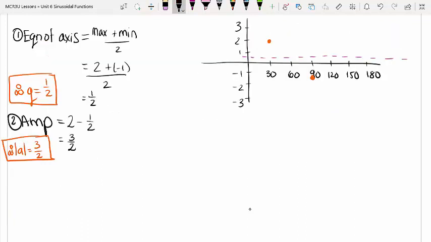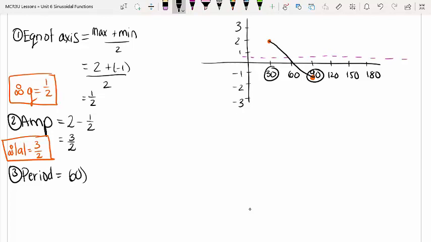Okay, let's look at the period. So we know that half the period occurs between the maximum and the minimum value. So let's figure out what the difference is in the x values between the max and the minimum point, and then we'll just multiply that by 2 to get the full period. Looks like half of the period is going to be the difference between 90 and 30, so 60.